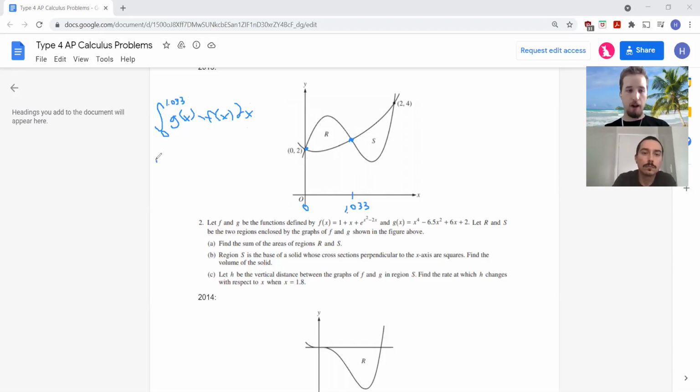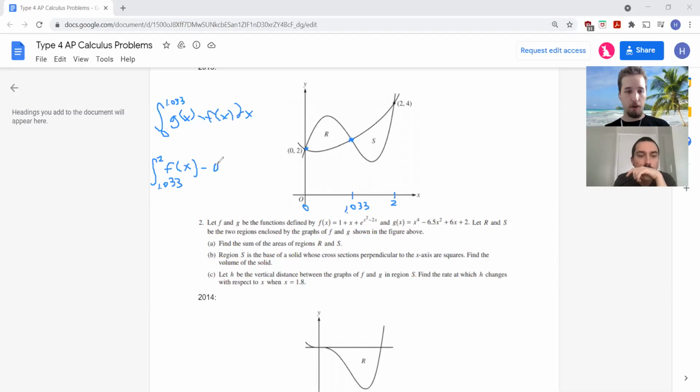And then the second integral goes from 1.033 to x equals 2. Remember, we're integrating with respect to x, so we don't care what the y value is.